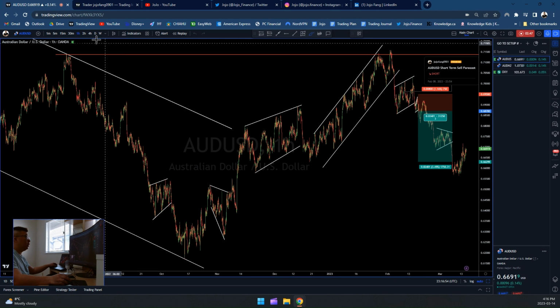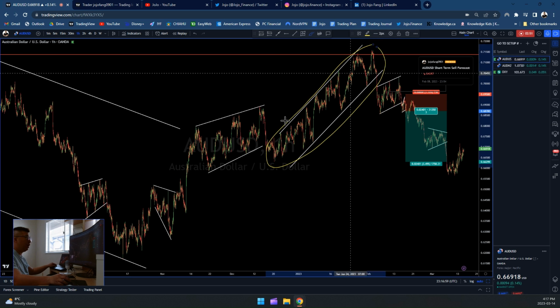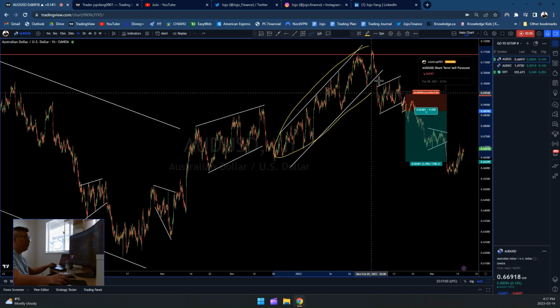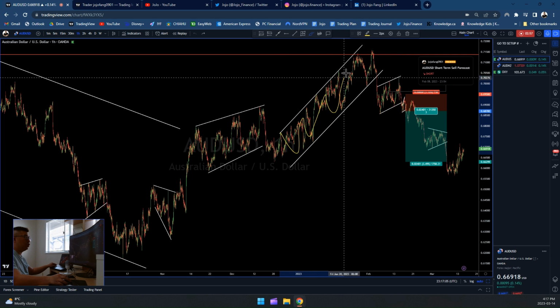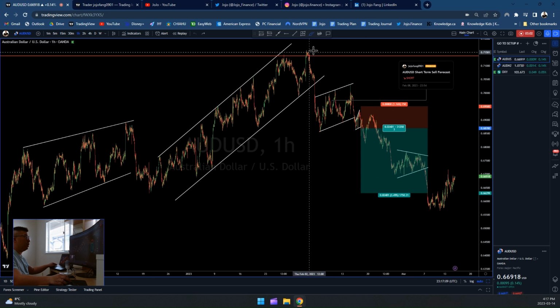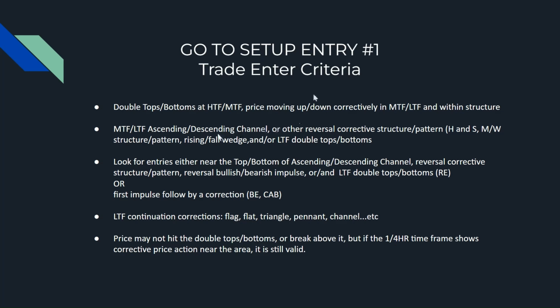So let's take a look at this mid time frame here. We have that double top on the higher time frame, and we have price moving up correctively. Good. And we also have an ascending channel. We know an ascending channel is usually a bearish reversal. When we look at this part, it also has a lower time frame double top as well. The more you can identify that satisfies your bias for that move, the better.